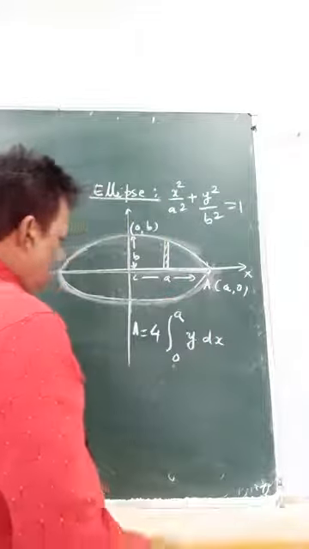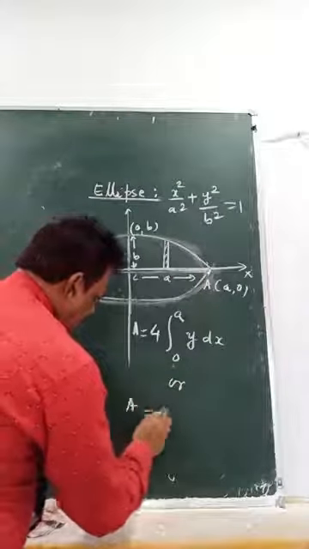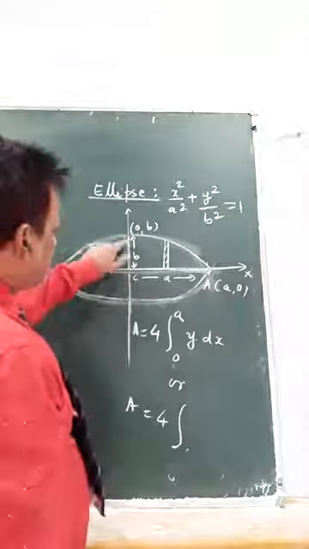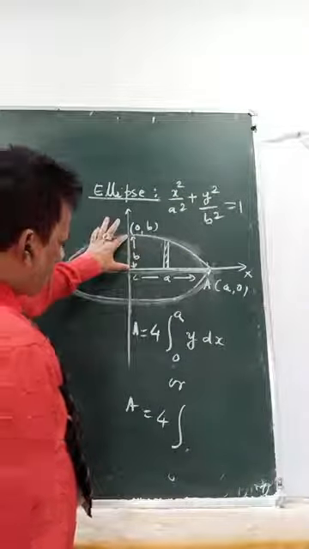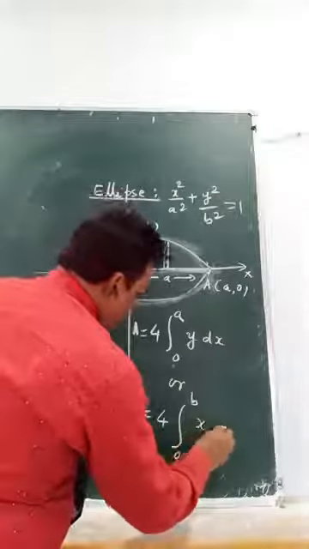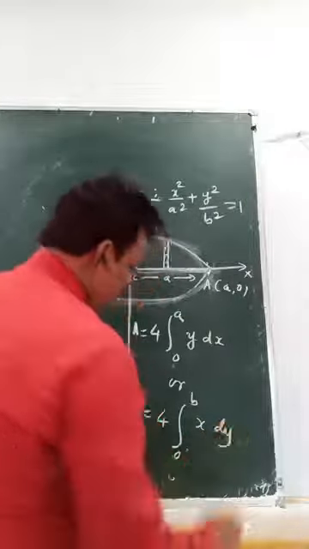Or 4 times, if you are taking with the y axis, 0 to b, because this length is b, and that will be x dy. That means, what did you get? Symmetrical figures. y you have to find from here and put. I will solve one by one, don't worry. And x you have to find from here and put. Okay, 2 symmetrical figures I told you. The other one is the parabolic figure. Parabola.